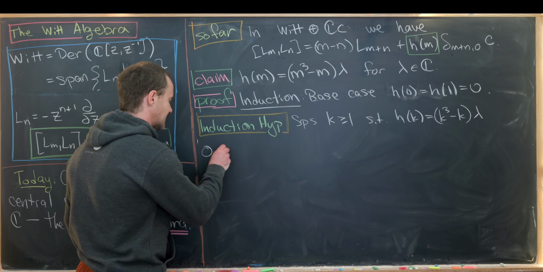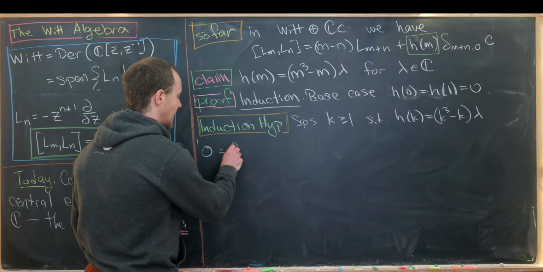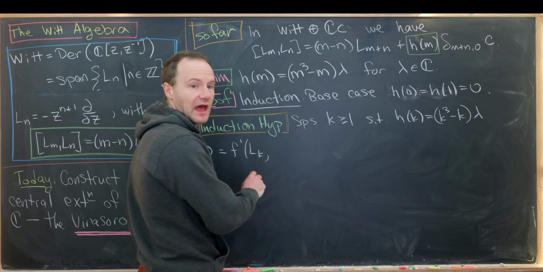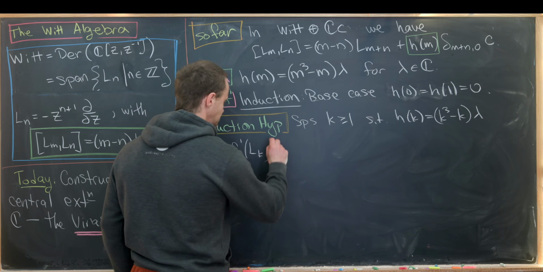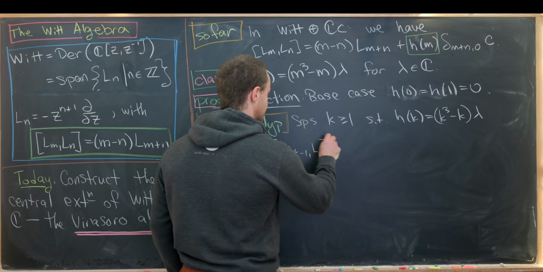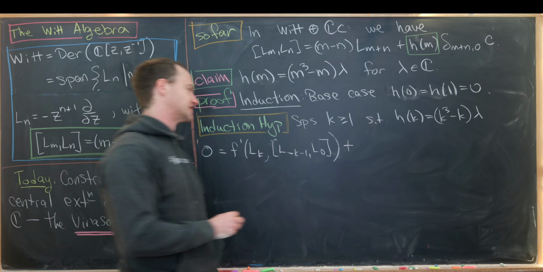So in fact, by the Jacobi identity, we know that 0 is equal to F prime evaluated at LK and the bracket of L minus K minus 1 with L0, and then plus cyclic permutations of that situation.